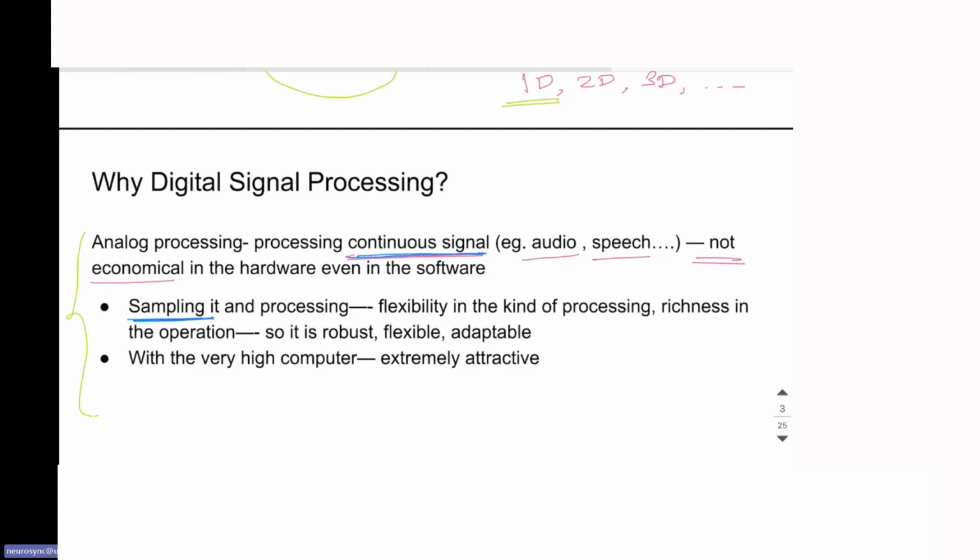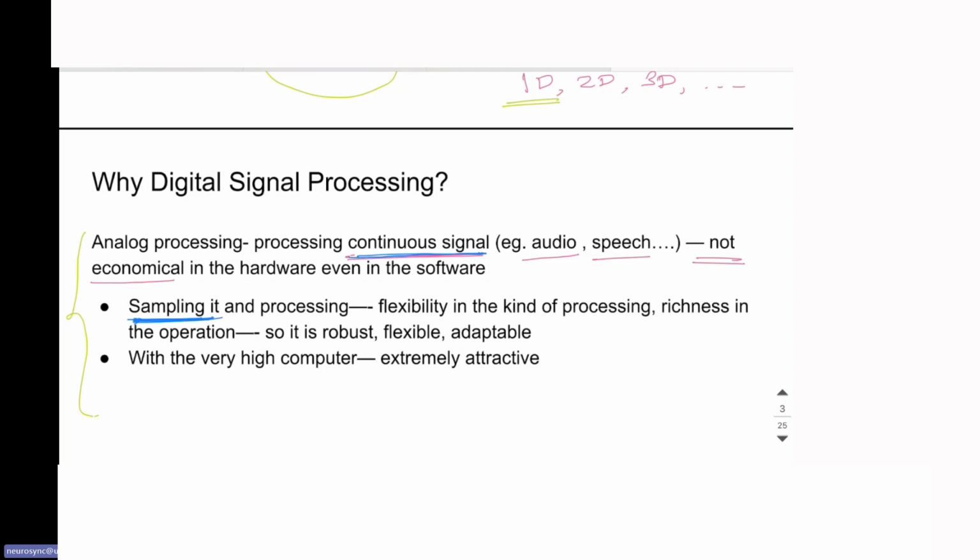You will become familiar with these terms: what is sampling, what is discretization, aliasing. These types of terms will be there throughout this course, and we will get familiar with them. Just to give a general introduction of this course, I will only say sampling, but you can understand the basic meaning of sampling.